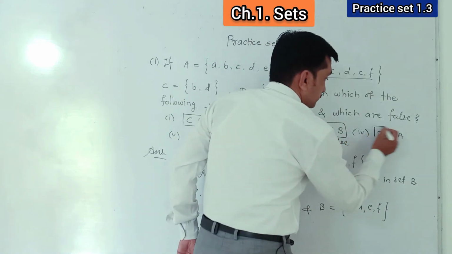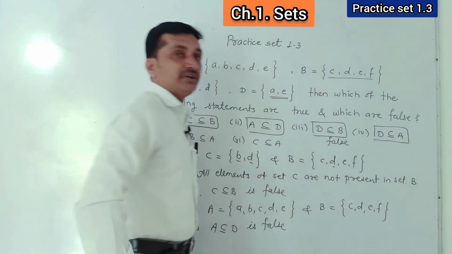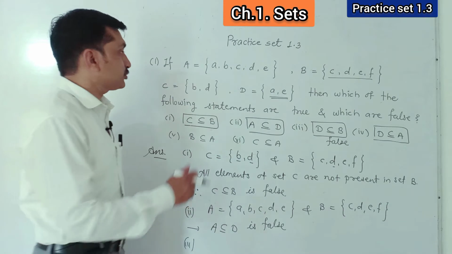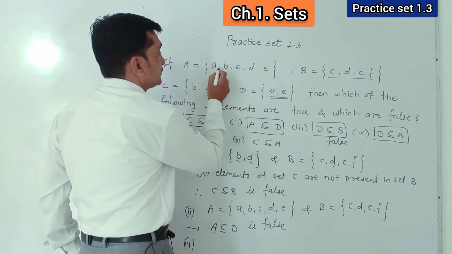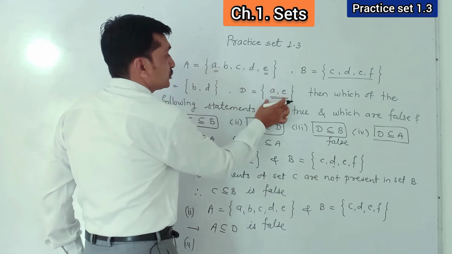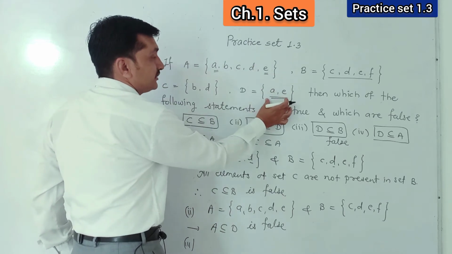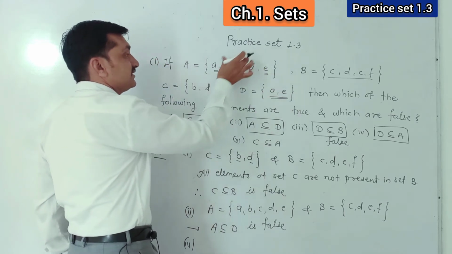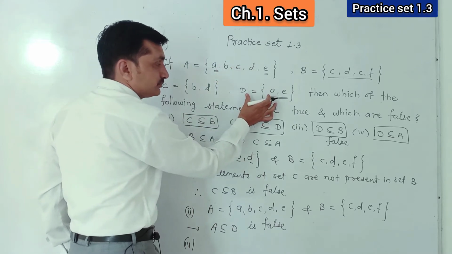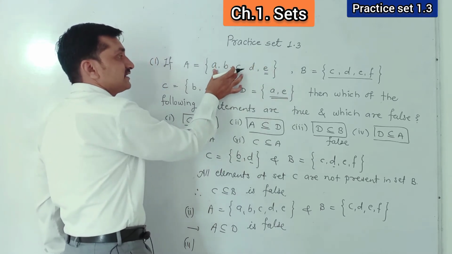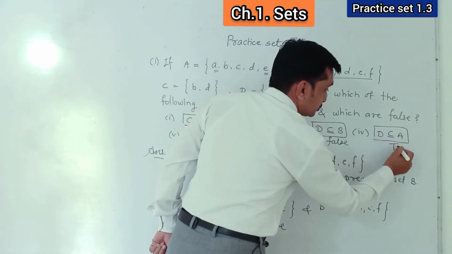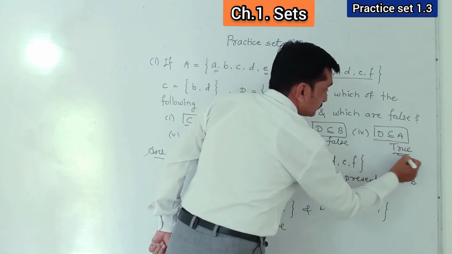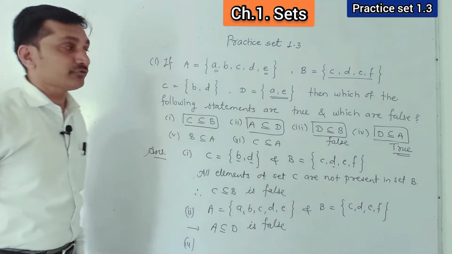Fourth, D subset of A. D again {A, E}, and A is here. Now A and E both are here. All elements of D are present. All elements of set D are present in set A. Therefore, D subset of A is true.